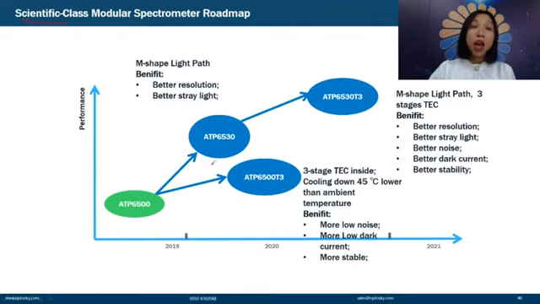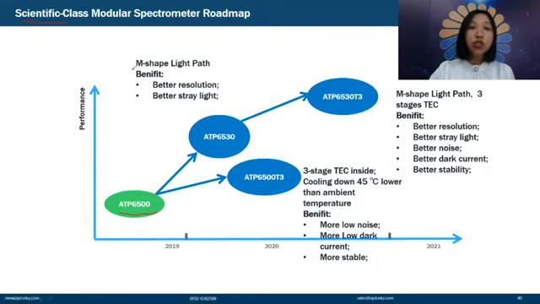We say that how to testify spectrometers manufacturer is good or not. You can see his high-end spectrometers. ATP 6500 is OptoSky high-end spectrometers.